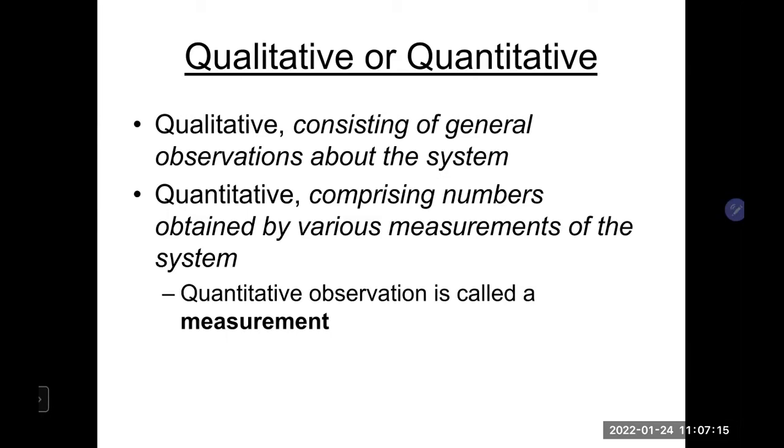Like, hey, it turned pink, it had bubbles, it had unicorns, I suppose, those type of things. There's really nothing that was measured. It's more just visual observations that you make about a system. Quantitative, on the other hand, does consist of numbers and is basically obtained by measurement.